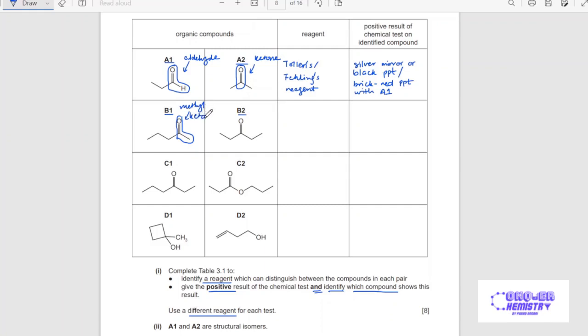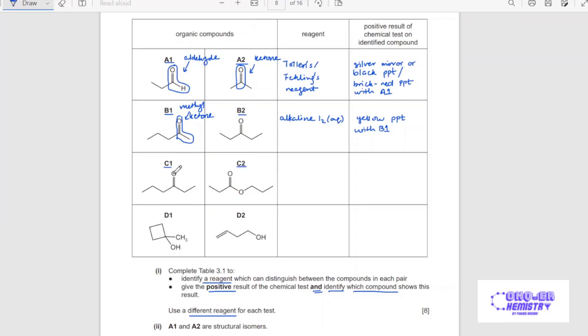Now you can tell apart a methyl ketone from other ketones like B2 using alkaline aqueous iodine, and the positive result is going to be a yellow precipitate, and that is of triiodomethane, and that's going to happen with B1. All right, because it has the methyl ketone. B2 is not going to give you this result.